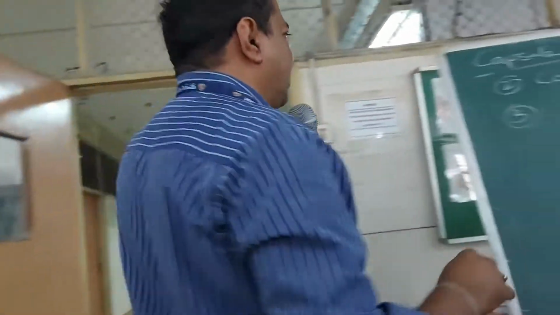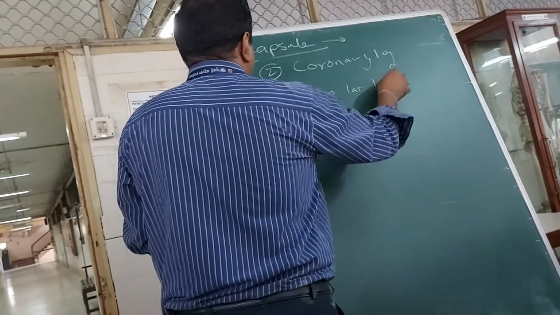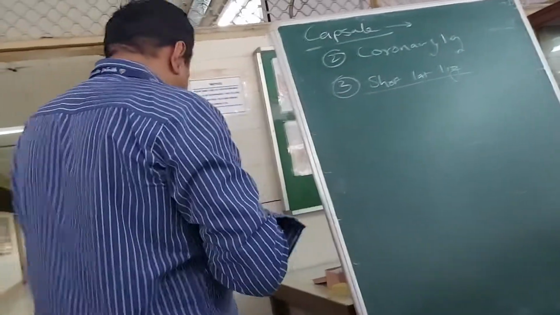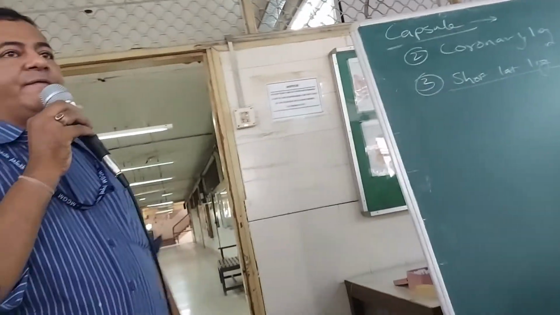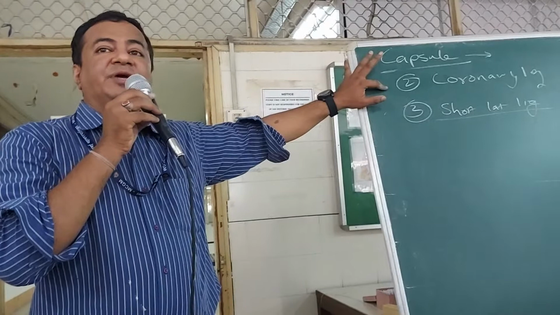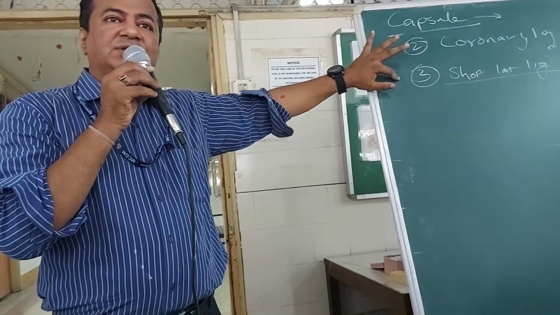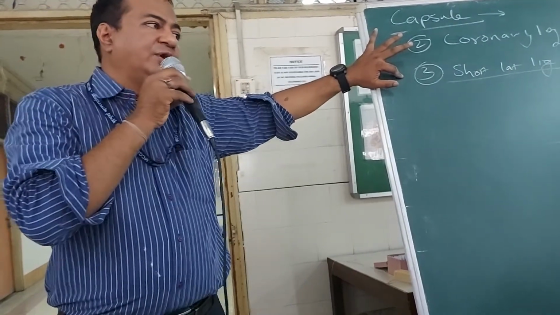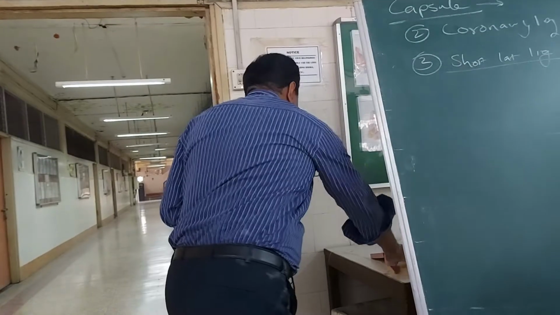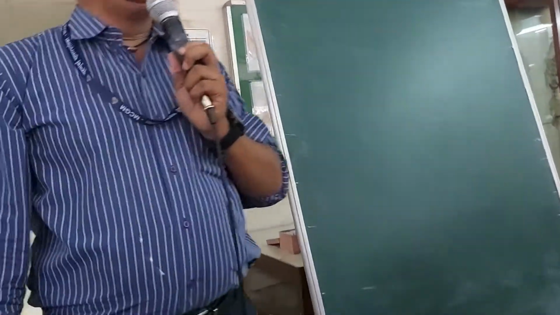There is a very short thickening, and that is called the short lateral ligament. So with the capsule, the first two are done. Of the total 11 ligaments, we have covered 3. One is the capsule.